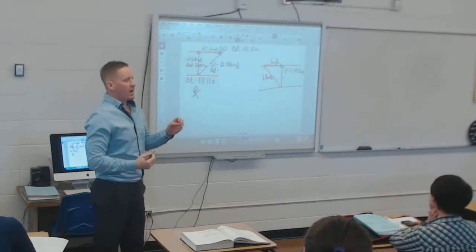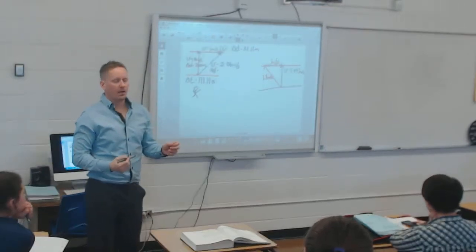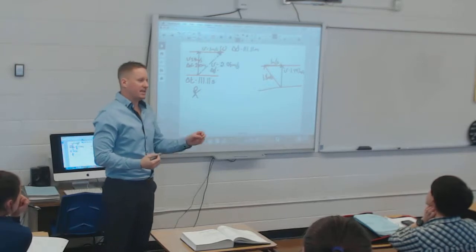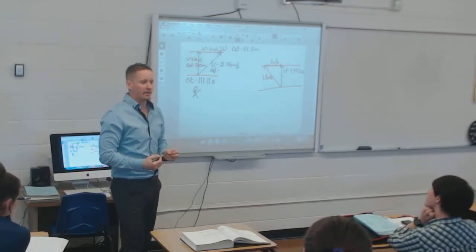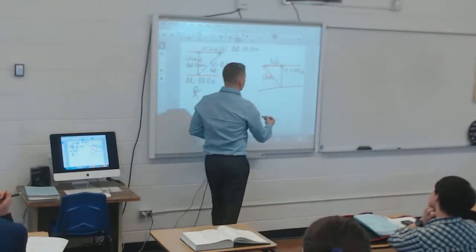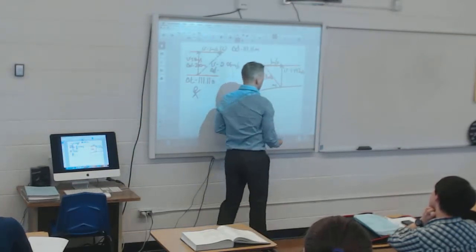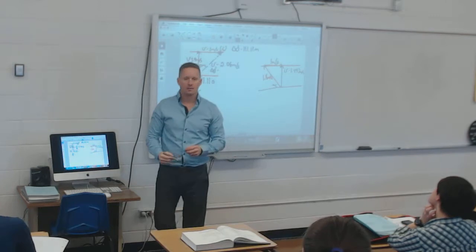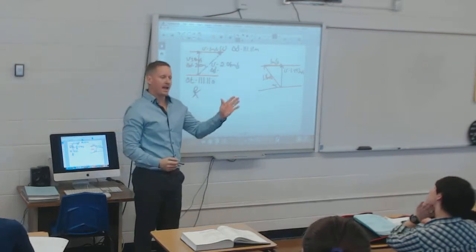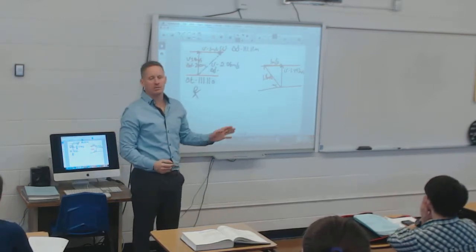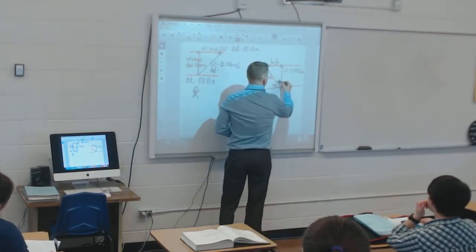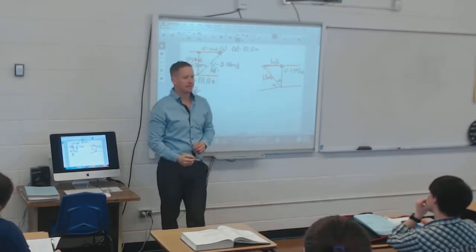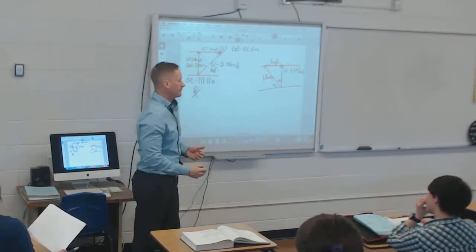Now, the question will ask you, at what angle does she need to swim relative to the shoreline? Relative to the shoreline is right here. I want to know what angle does she need to swim at relative to the shoreline to end up there. So you need to find this angle first in your triangle, and then do what?